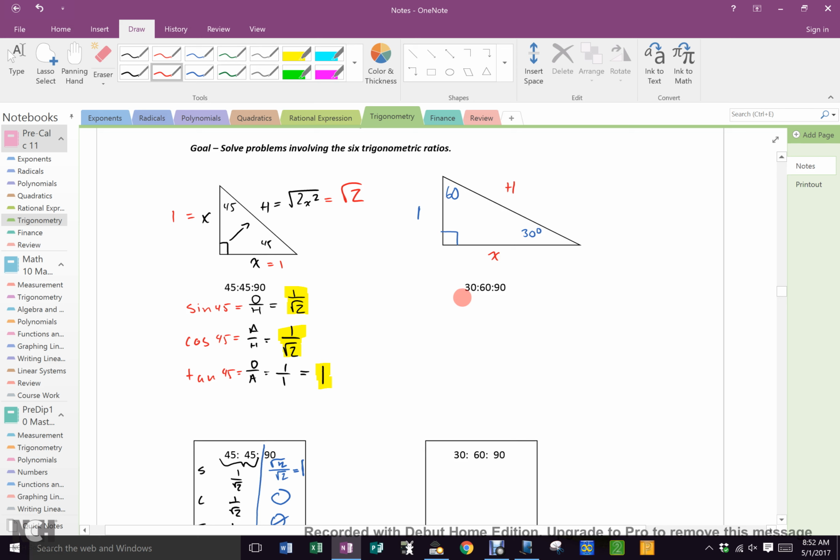What would I do to find x? What are my two options? I could do tan 30, couldn't I? So I could go tan 30 equals what, Nav? 1 opposite over adjacent, yes? Then I could use my calculator to find x. What is it?